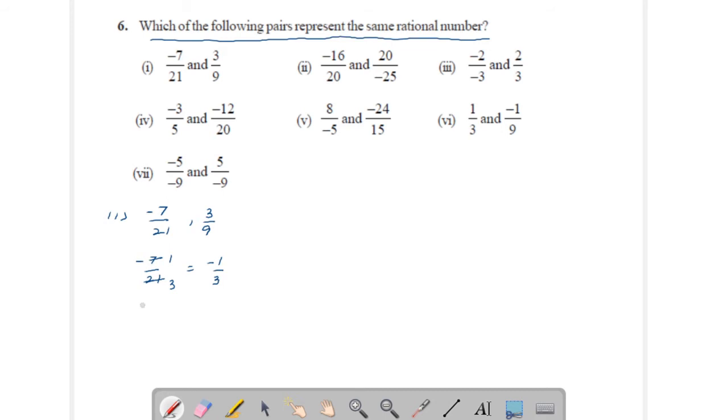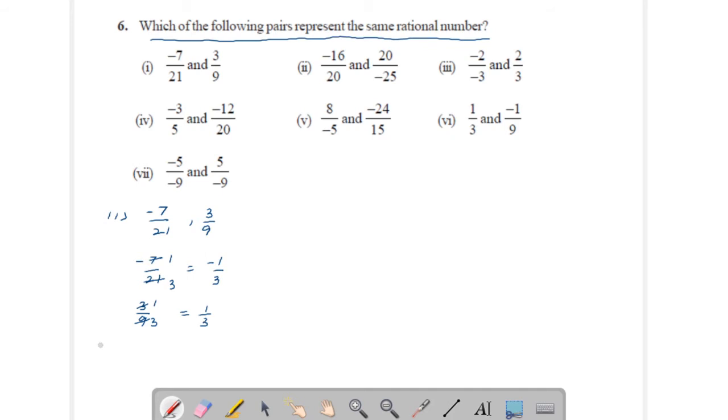And take the second rational number, that is 3 upon 9. Write in simplest form. Cancel it by 3. 3 ones are 3, 3 threes are 9. It is 1 upon 3. What we observe?